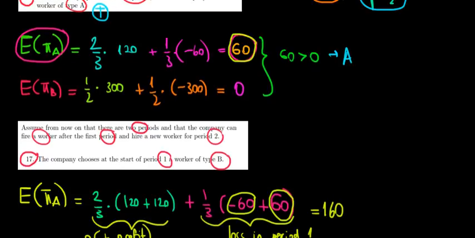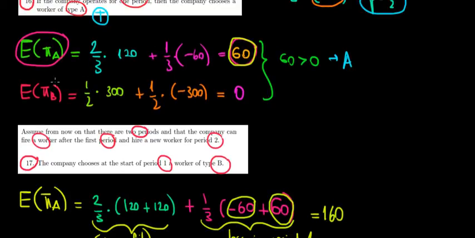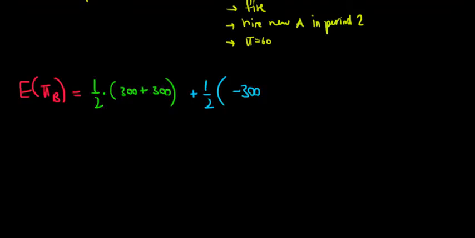Because we saw in the previous question that when we hire a worker for one period only, we go for type A because he's more profitable. In this case, we are left only with the second period to decide, so we would choose the type A worker. We're going to write the highlights over here and it's going to make more sense. Now what's the math over here? If we work this out, it's going to be equal to 180.